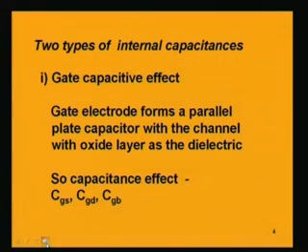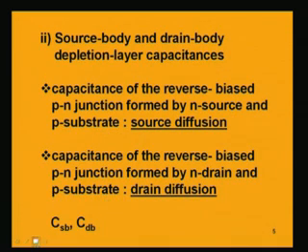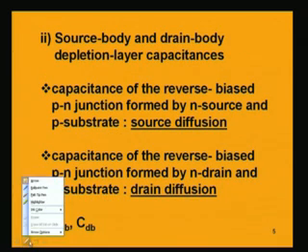Let us name these capacitances between gate and source, gate and drain, and gate and body as CGS, CGD and CGB.